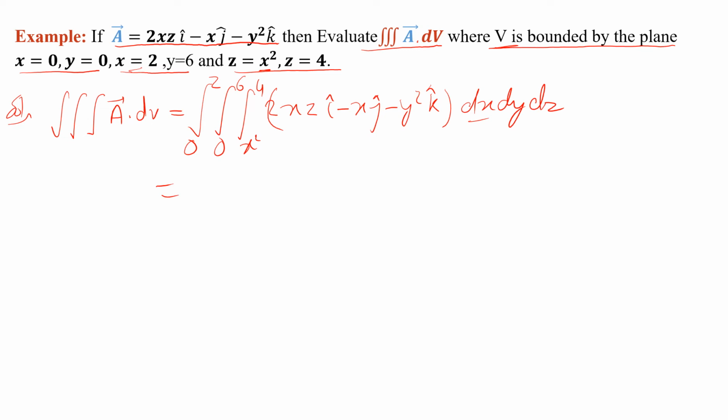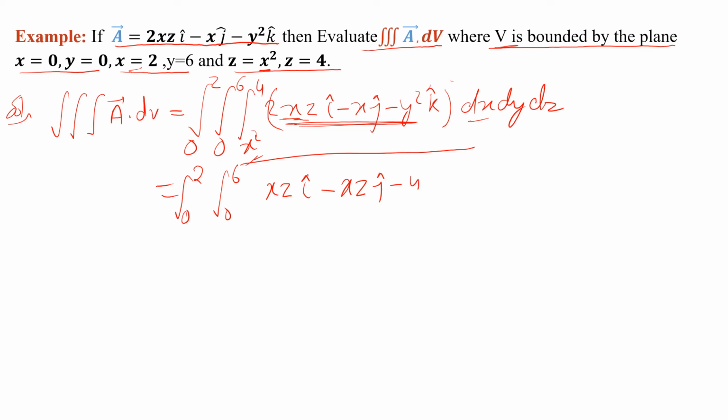Now we take the integration. First we integrate with respect to z, whose limit is in terms of x. So with limits 0 to 2 and 0 to 6, integrating the vector we get 2x z²/2, that is xz² i, minus xz j plus y² z k.